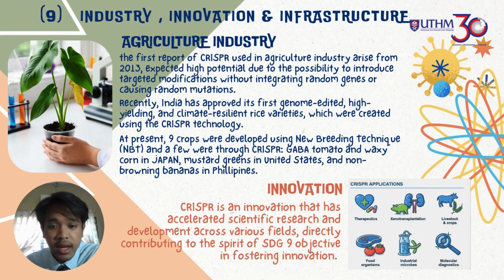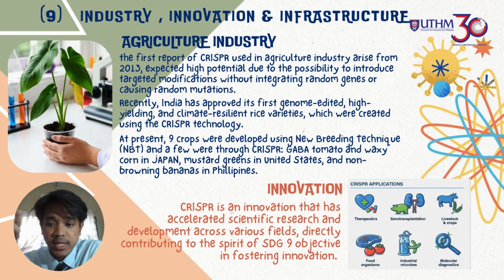At present, 9 crops were developed using new breeding techniques, NBT, and a few through CRISPR. CRISPR is one of the techniques under new breeding techniques, and from the 9 crops, a few were from CRISPR, which are GABA tomato and waxy corn in Japan, mustard greens in the United States, and non-browning bananas in the Philippines.